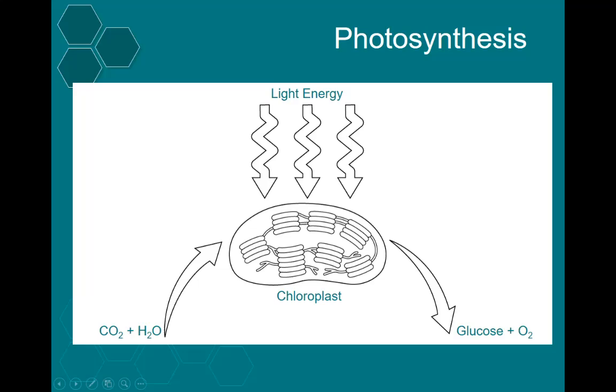We'll talk a little more in a bit about these structures inside the chloroplast, but remember that the chloroplast is the organelle responsible for carrying out photosynthesis, not found in animal cells. And then we produce our 2 key products, glucose and oxygen. And remember, glucose is that supersugar C6H12O6.